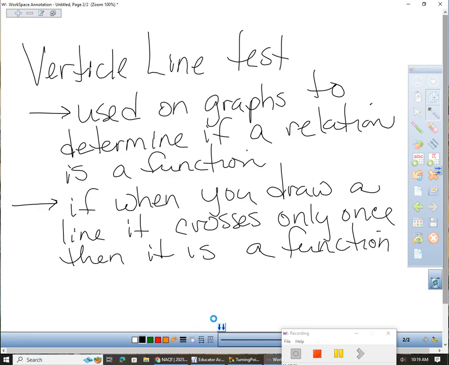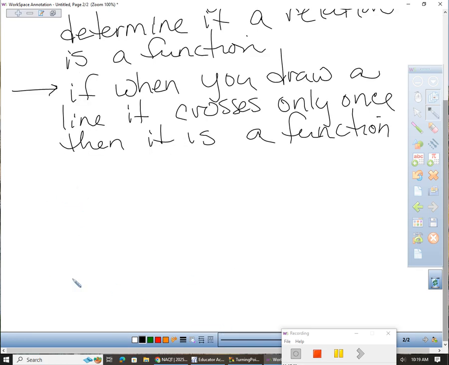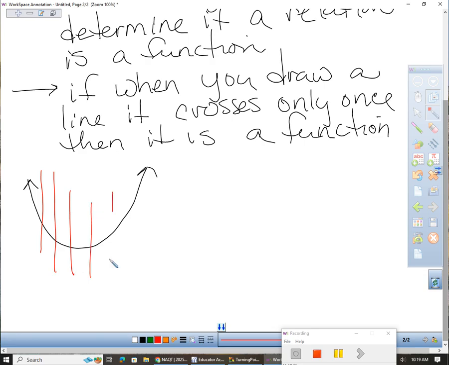So let me give you an example. If I have a graph that looks like this, our U's we were drawing before break, right? And I were to draw a vertical line down. No matter where I draw it, how many times does it cross the graph? Only one time, so this would be yes.